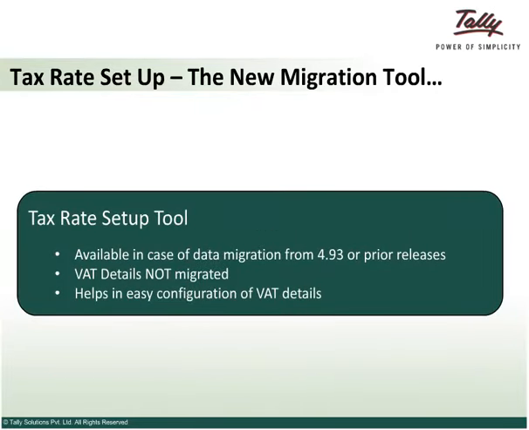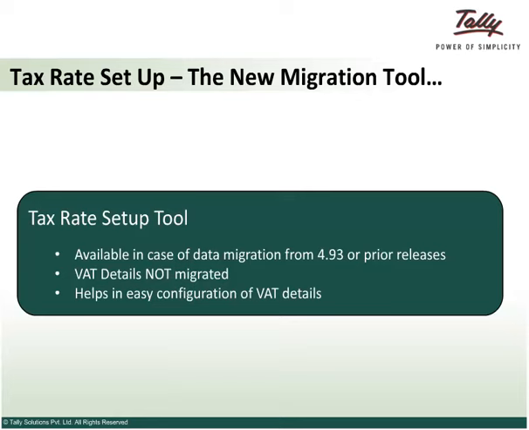Now we turn our attention to the fresh new report of Release 5.1, the Tax Rate Setup Report. This is a tool that has been provided for our existing users, who will migrate their data from 4.93 or prior release to Release 5.0 or 5.1. In the process of data migration, the VAT details, VAT commodity details, and VAT rates will not be migrated to the latest release.